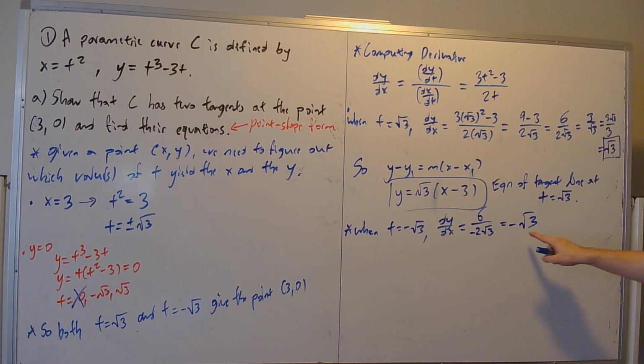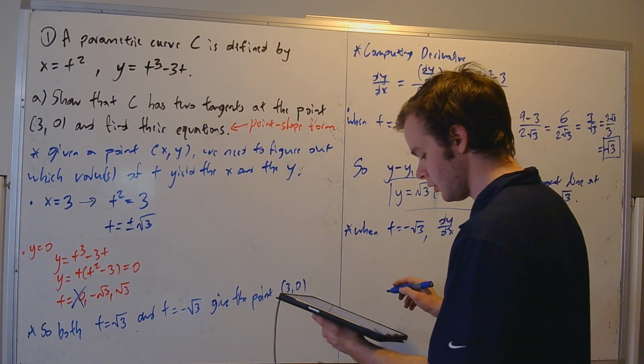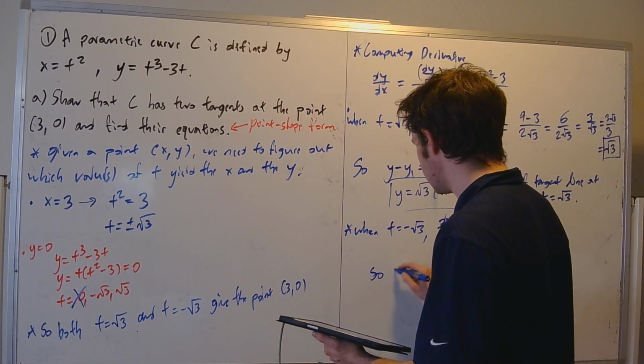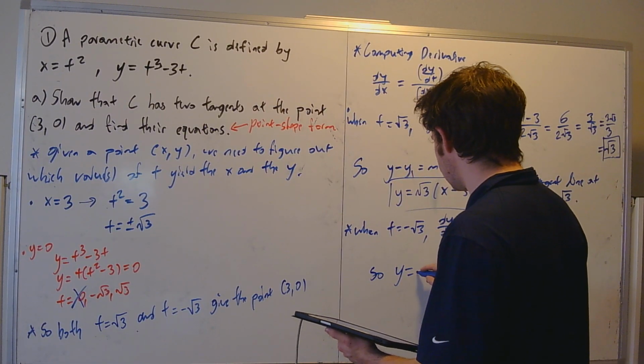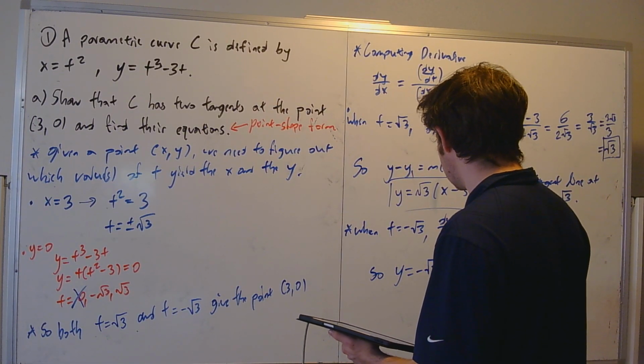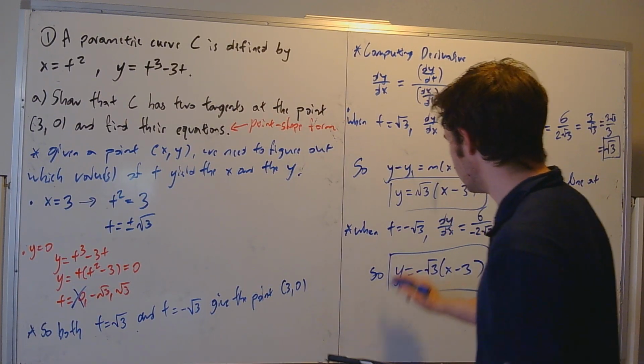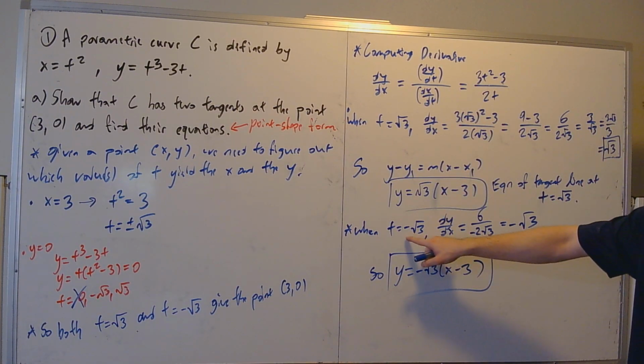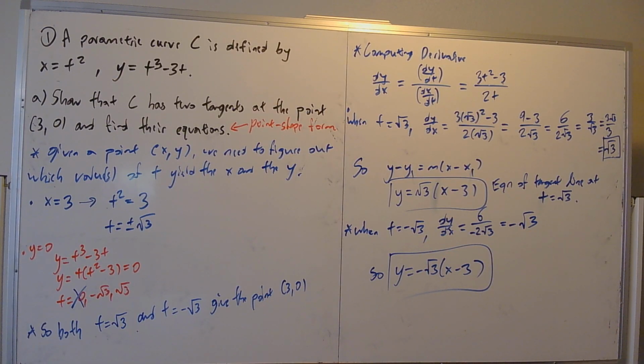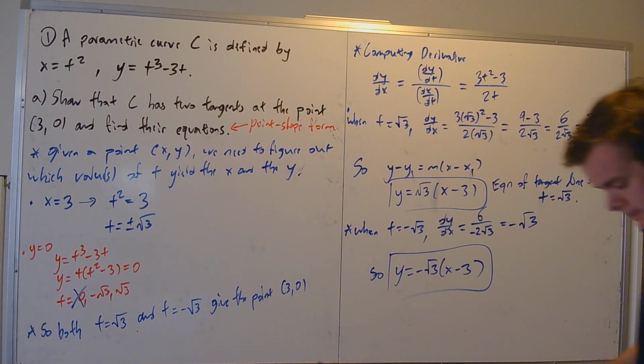Right, so the slope of your tangent line is now negative root 3, the point is the same. So you're going to get y equals negative root 3 times x minus 3. That's going to be the equation of your tangent line whenever t is equal to negative root 3. Okay. So that's the answer to part A.